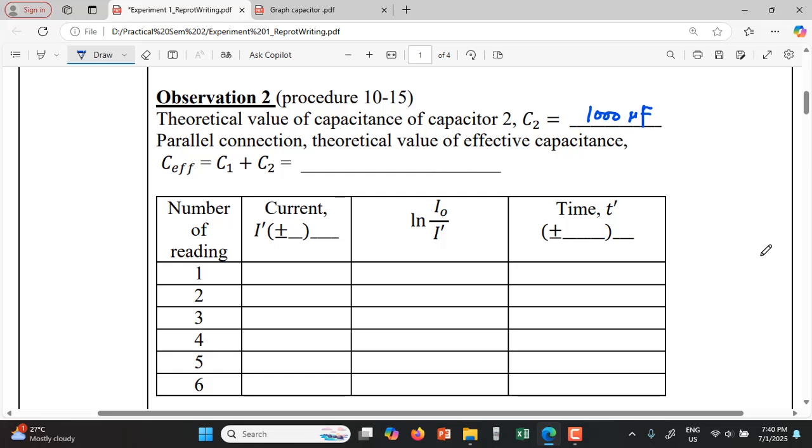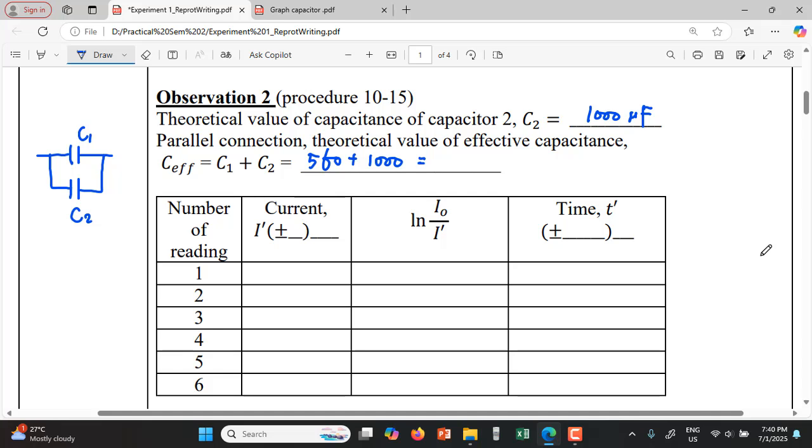Since we connect C1 and C2 in parallel for the second experiment, the theoretical value for the effective capacitance will be C1 plus C2. So it will be 560 plus 1000.